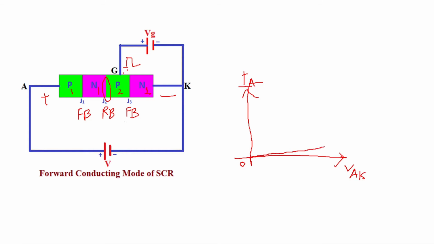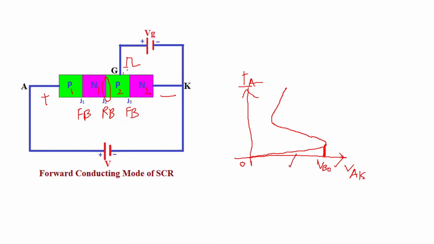But as you give the gate pulse, breakover takes place, the voltage across the SCR will decrease and current will increase. So here is where you are going to give the gate pulse. This is the breakover voltage.